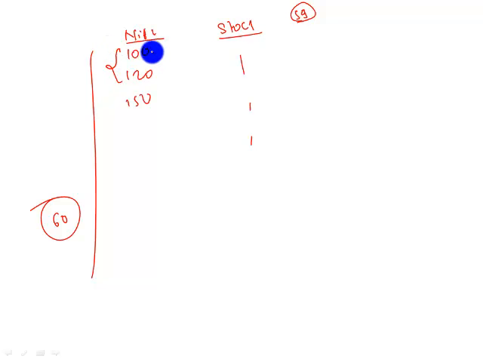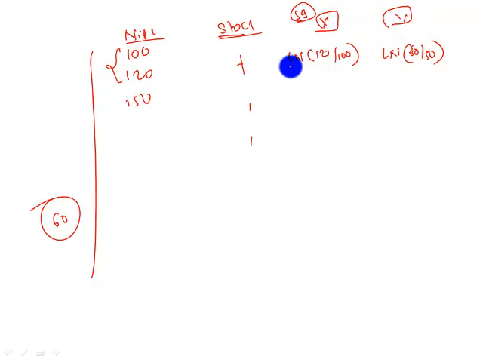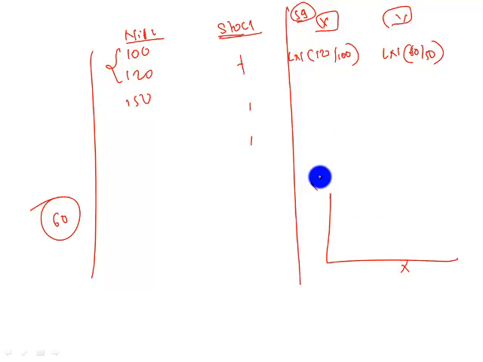So 1 month return for Nifty would be log normal 120 divided by 100. 1 month return for this stock would be log normal, let's say whatever the stock was, 60 by 50. Then you have these two values. This would be your x variable, this would be your y variable. Use Excel's regression function, put these returns on x-axis, this on y-axis, get a straight line and get the equation of that line. So it will come. Just practice. We have sessions on quant, but if you try to do it practically, you'll remember longer, plus you'll enjoy it more.